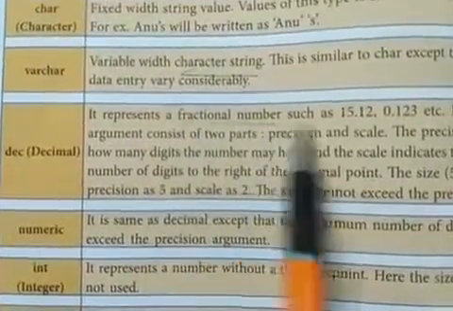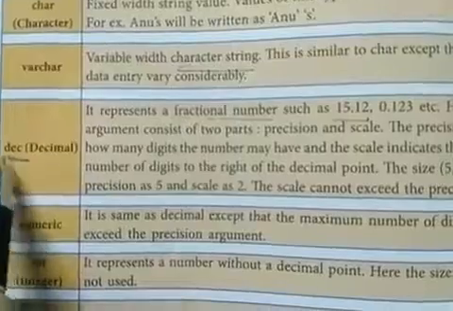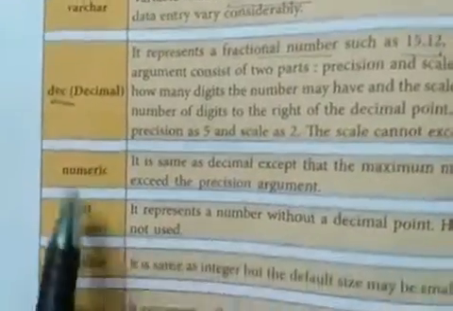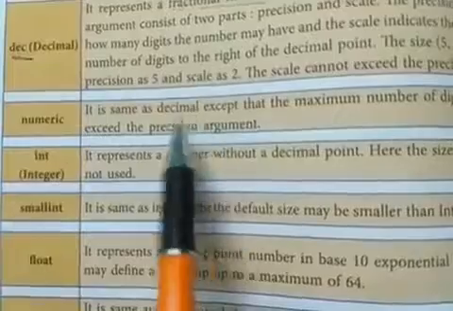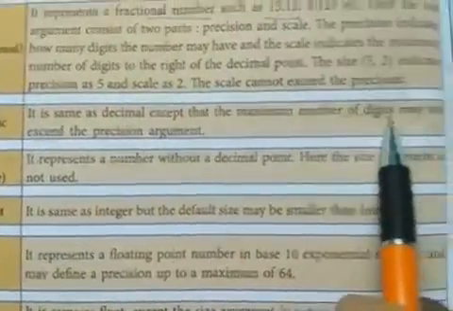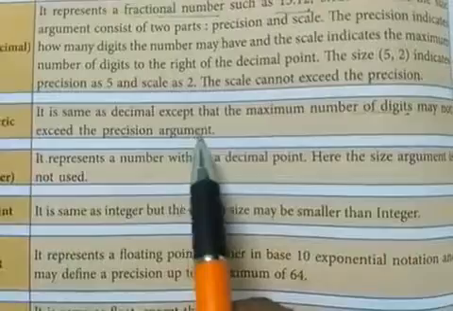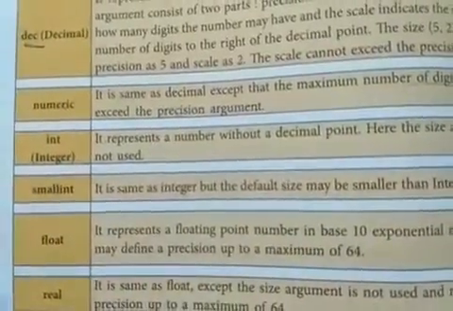Fractional numbers can also be stored in databases, and this data type is DEC, decimal. The next data type is numeric, which is the same. When we specify the data type as numeric, we can store a set of digits which may not exceed the precision argument. That is how many decimal points they are specifying.